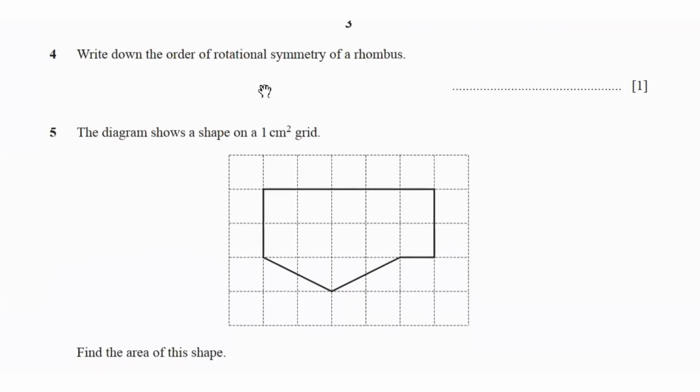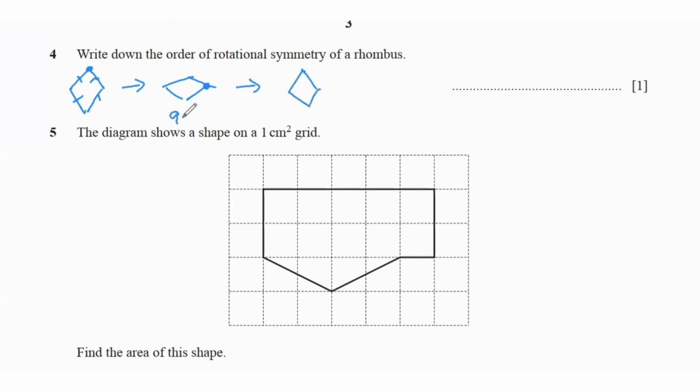Next question says, write down the order of rotational symmetry of a rhombus. A rhombus basically looks like this first. All sides are equal. If you're rotating this point over here, next it's going to look like this. Then it's going to look like this.